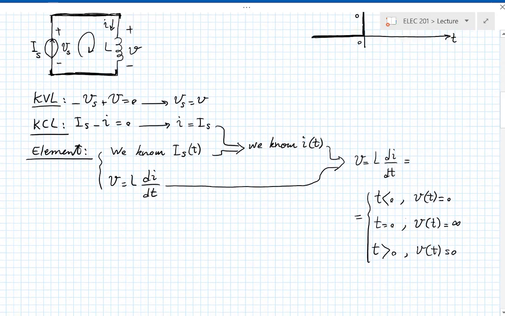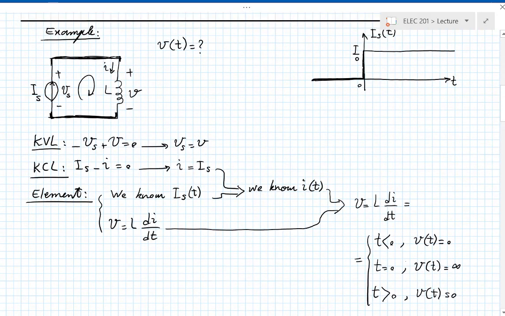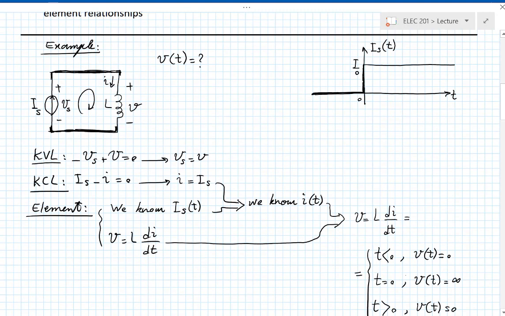Okay. Now, this infinity here is problematic. So the question is, yesterday I said that after 0, we had a transient. It didn't go immediately to 0, right? We were solving a different problem yesterday. Yes, it's actually a very good question, because this shows you how a small change in a circuit could lead to a very dramatic behavior.